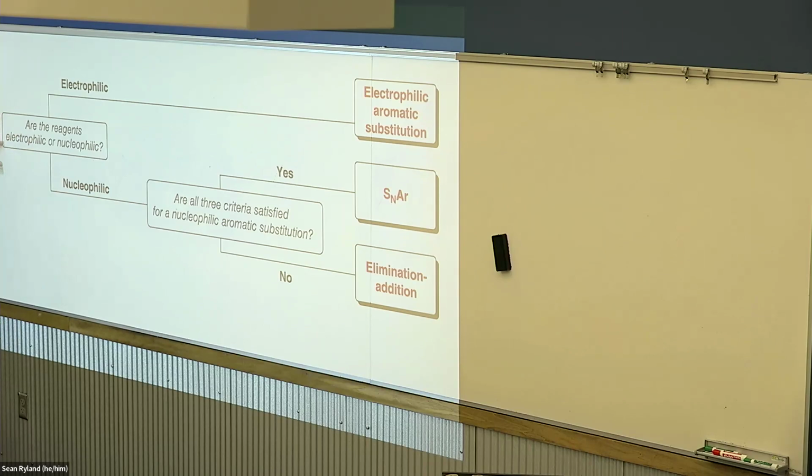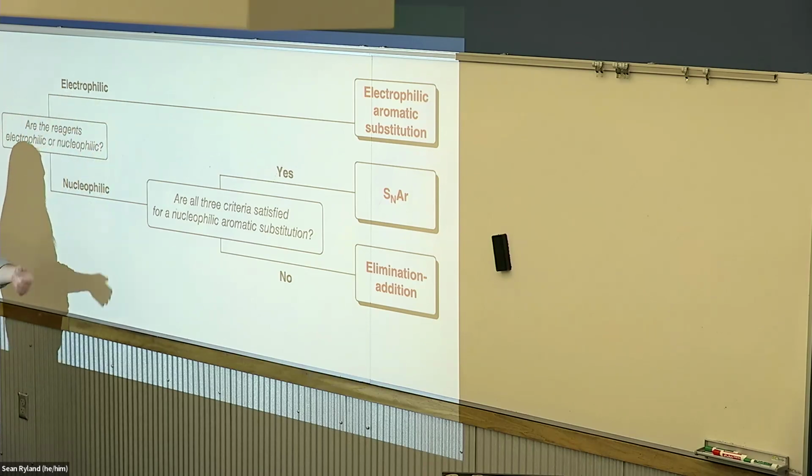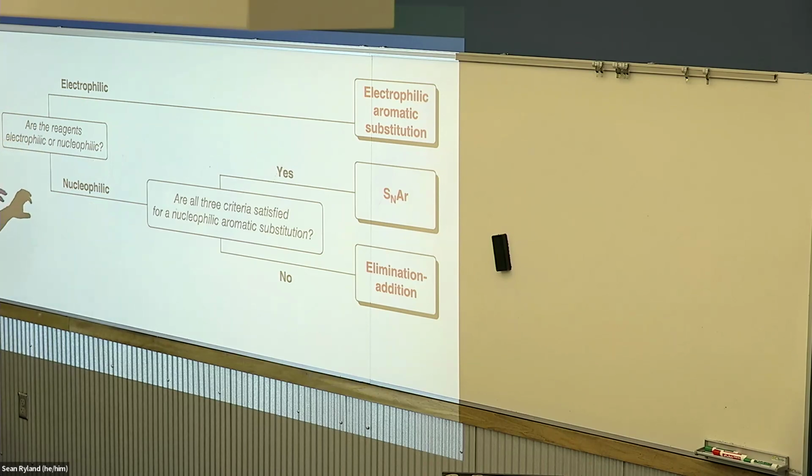So halogens, piranha solution, fuming sulfuric acid, Friedel-Crafts are all going to go electrophilic. And they're all going to kick off a hydrogen. Both of these nucleophilic reactions are going to kick off a halogen.